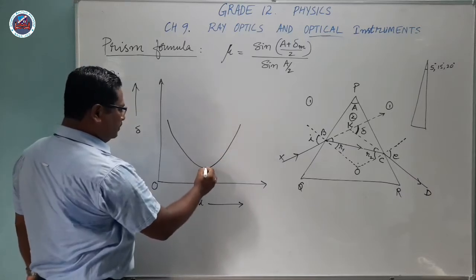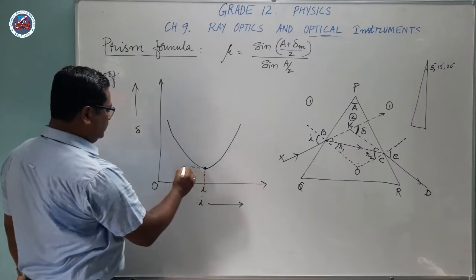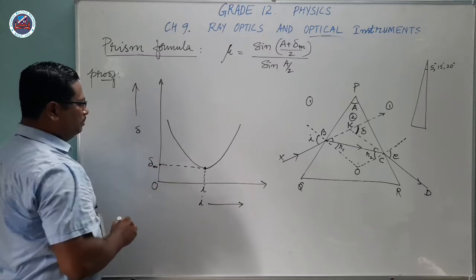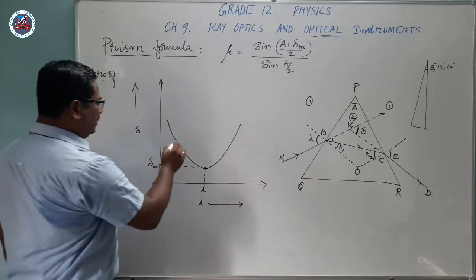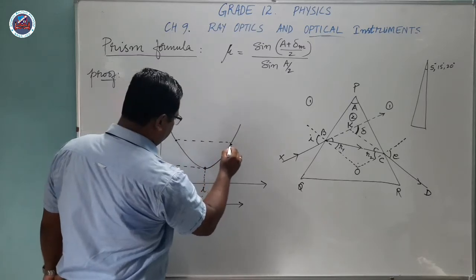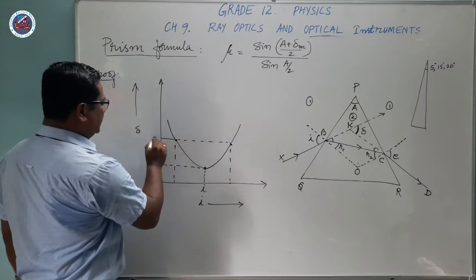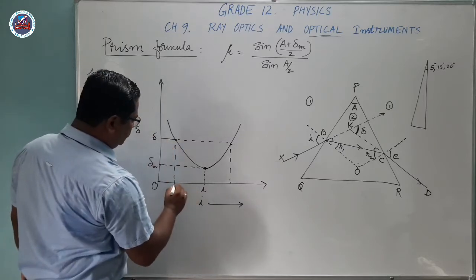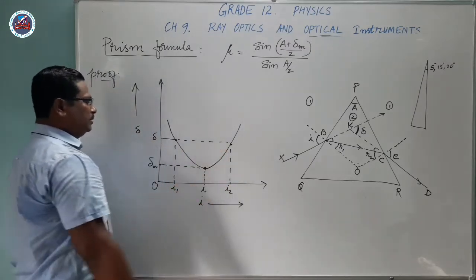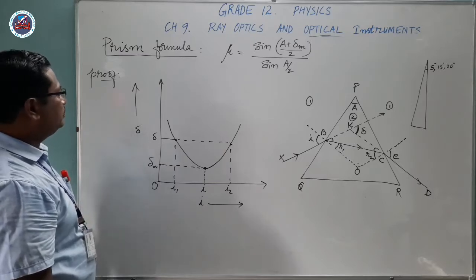At a particular angle of incidence, this angle of deviation is called the angle of minimum deviation. There can be two values of angle of incidence for which the angle of deviation is the same. So the graph looks like this.